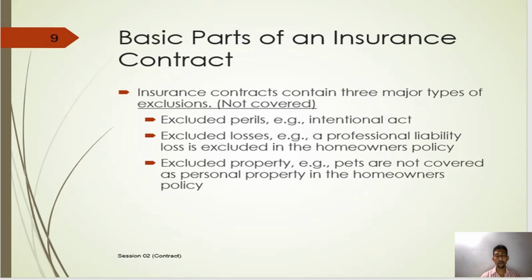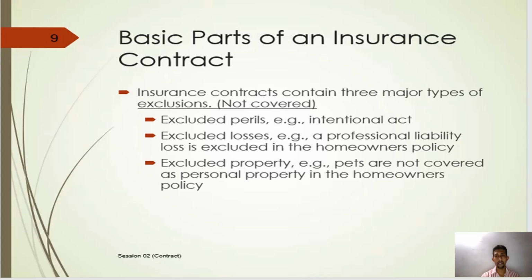It is very important to mention it in the policy so that the people signing the contract clearly know what is going to be insured and what is going to be excluded from insurance.